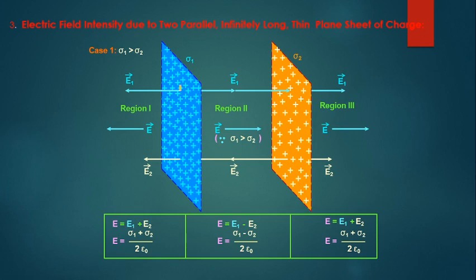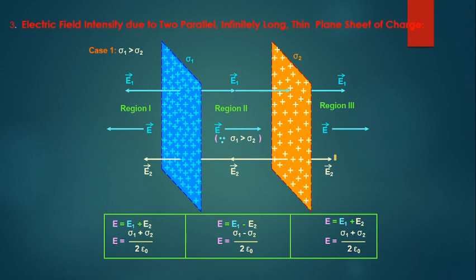The electric field produced by the sheet of charge in this region is along this direction, away from the positive charge, and on the other side it is in this way. Similarly, the electric field intensity due to the second charge is along this direction, also away from the charge.